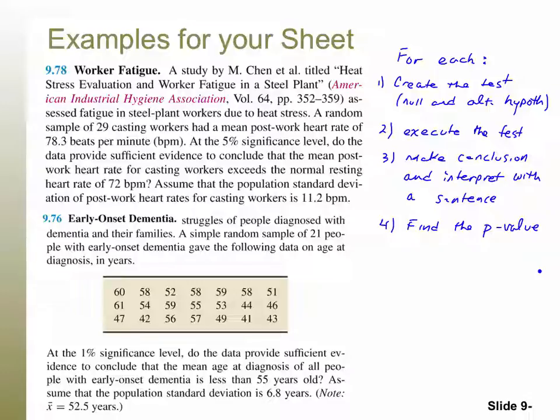Okay, so for both of them, I want you to do these 4 things. Create the test, which consists of stating the null and alternative hypotheses. You're going to execute the test, make the conclusion, and interpret it with a sentence, and then find the p-value. So all 4 things for both. If you're stuck, get help. We can help and come around.